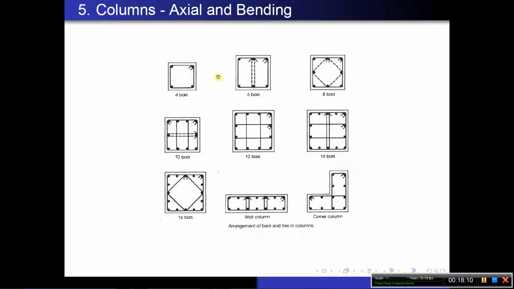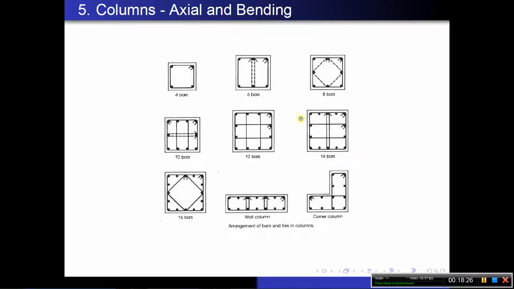Now, depending on how big your column is and how much load it needs to resist, you may have more longitudinal bars. You can see a lot of different examples on this page.